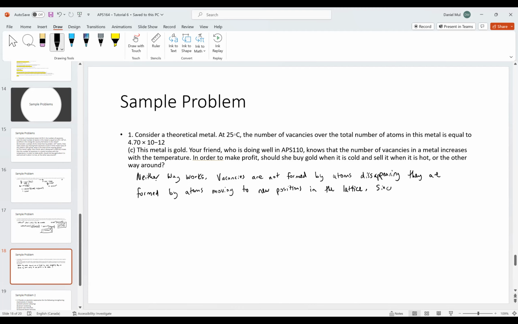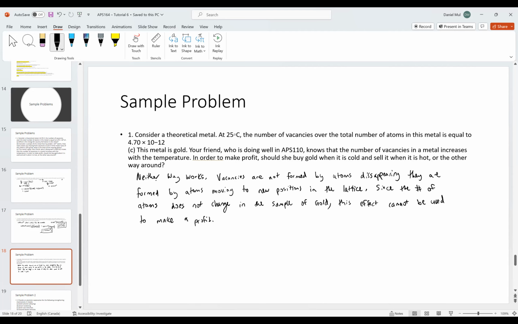So since the number of atoms does not change in the gold sample, this effect cannot be used to make a profit.